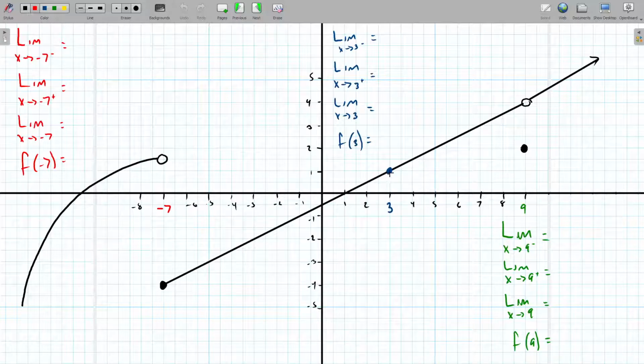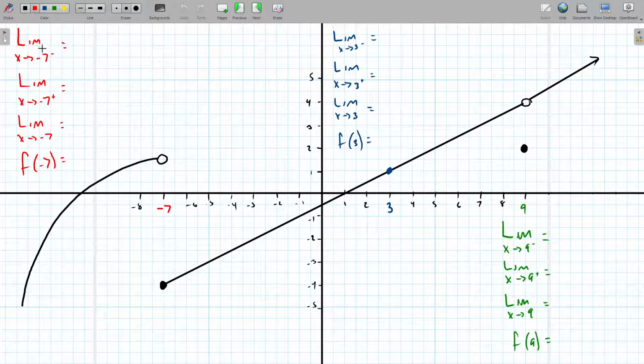At this point 3 that we're going to analyze, we're nice and continuous, and we continue on, and then there's this weird hole in the graph, and we continue on after that. Alright, so let's analyze the limits, both one-sided and the complete limit, and the functional value at these three interesting points that I've highlighted, -7, 3, and 9.